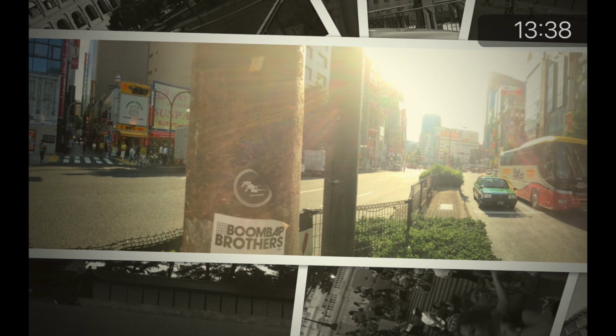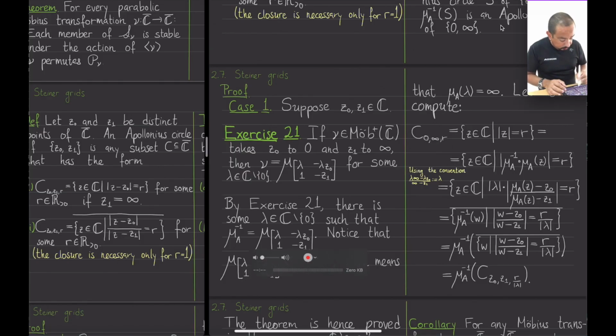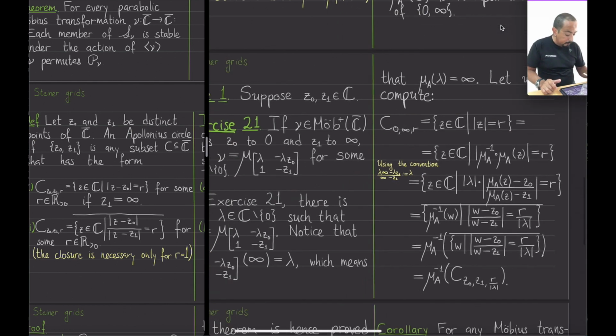So this is how you pass from here to here. When R is the absolute value of lambda, you can just use the convention that we had said earlier.